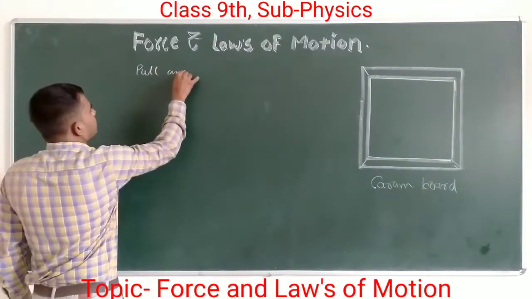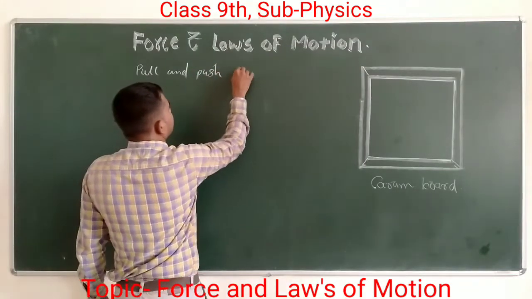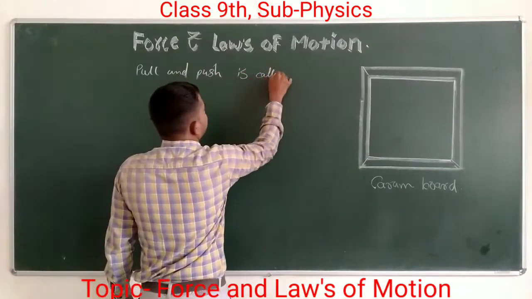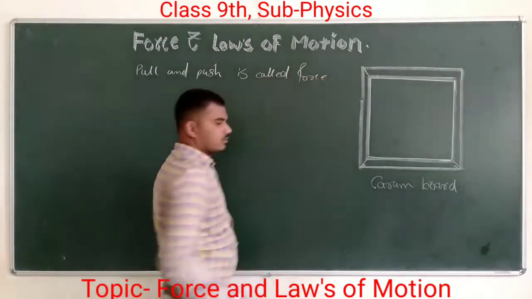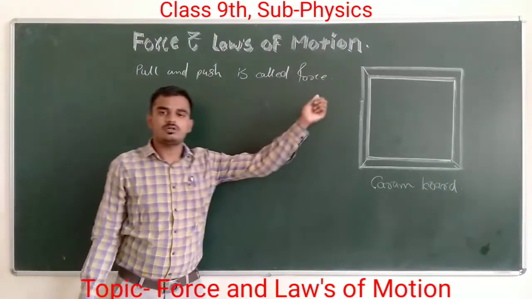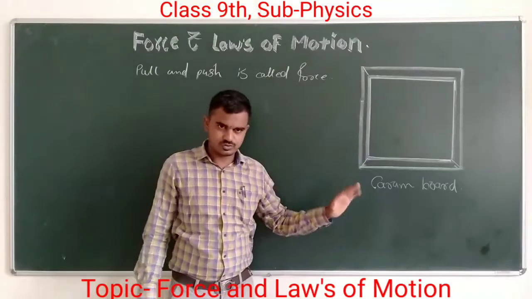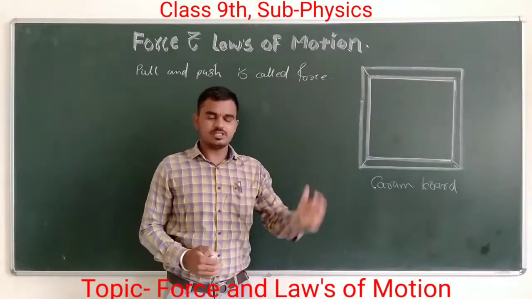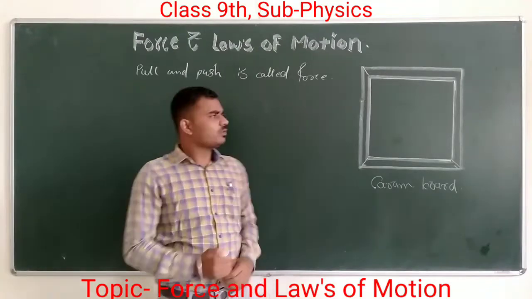If we pull or push an object, that object will be displaced. So we can say that pull and push is called a force, and due to the application of that force, the object gets displaced, it gets moved.